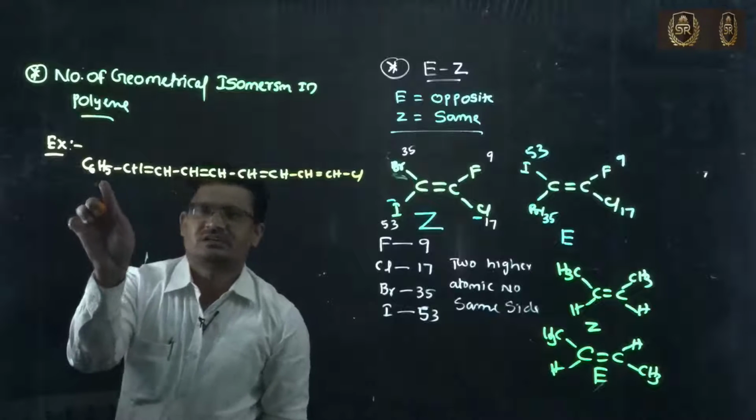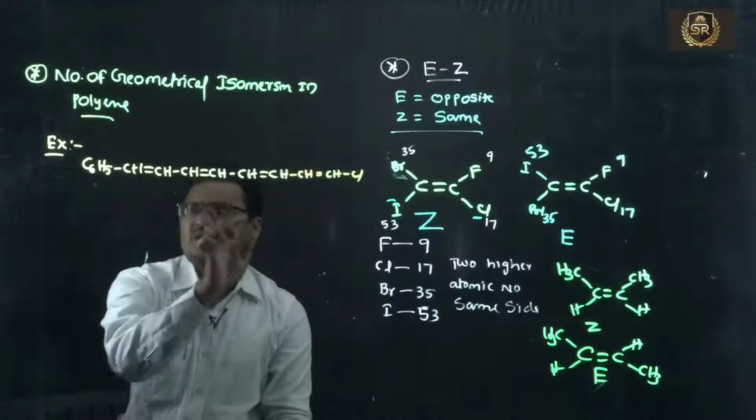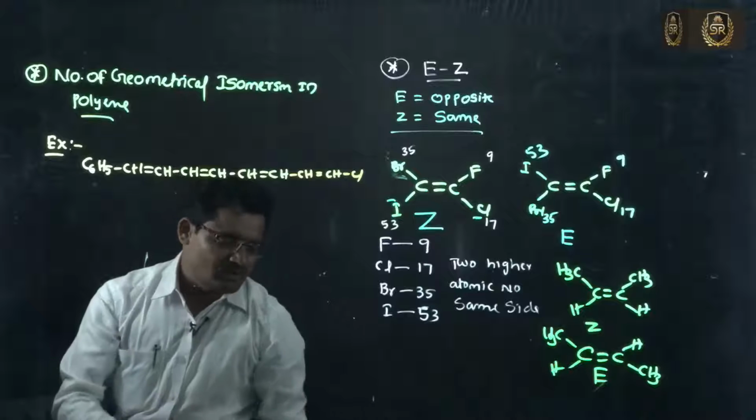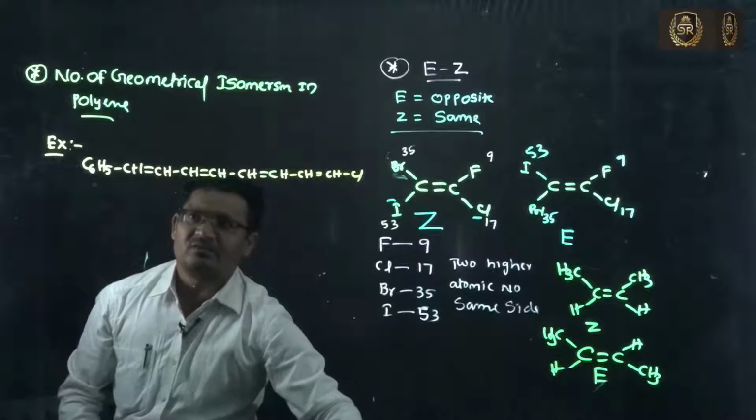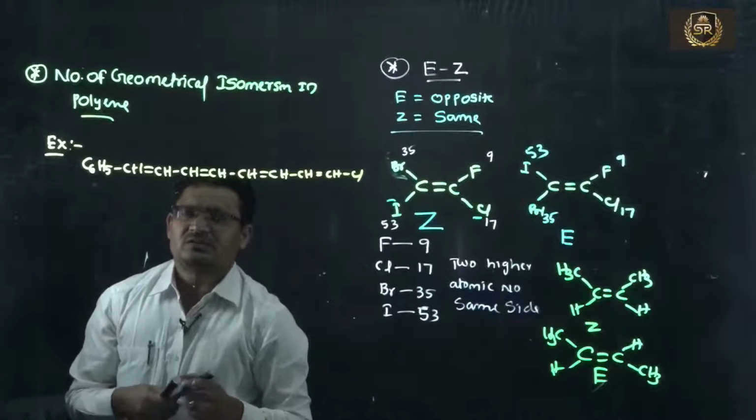Here C6H5 and here chlorine, both ends are different, but the number of double bonds is poly.